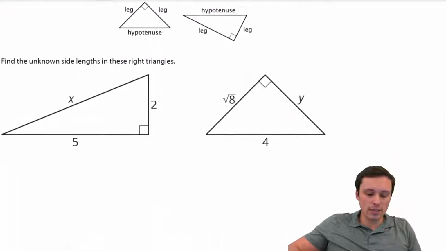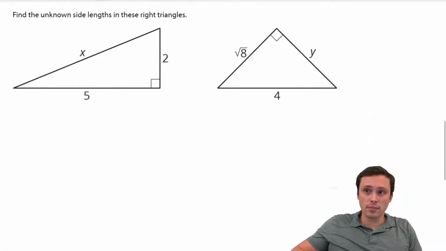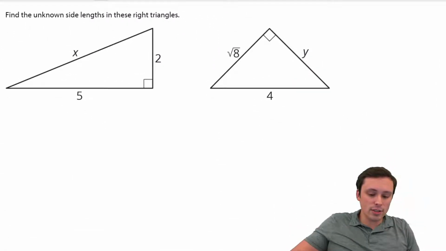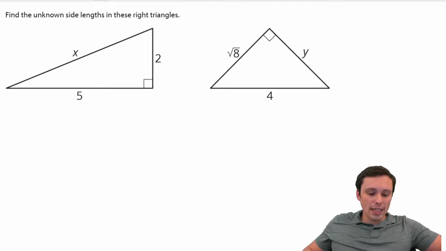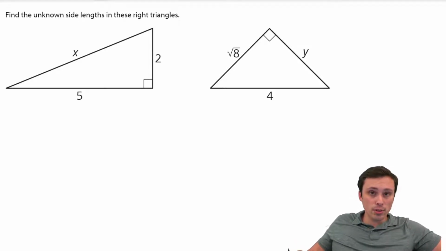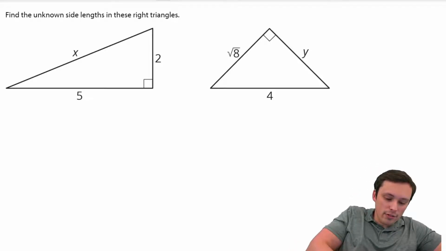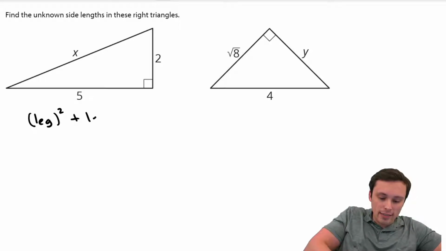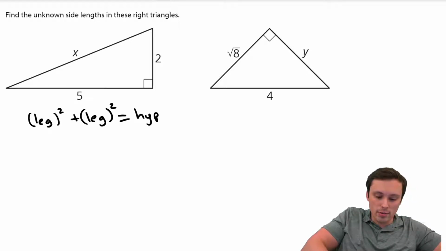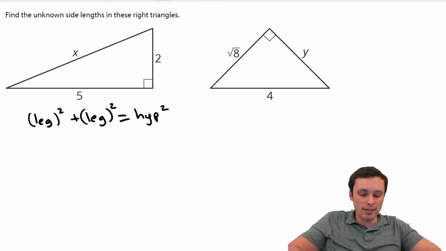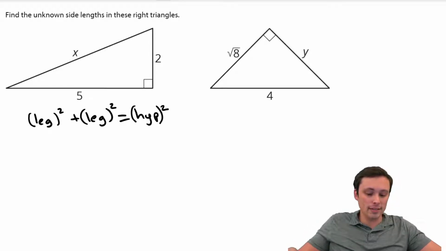Let's scroll down and do some examples. So in this, we got two examples here. We want to find the unknown side lengths in these right triangles. So the idea here is to align it to our formula. Remember, our formula is that the leg squared plus the leg squared is equal to the hypotenuse squared, although you're more likely to have learned this or memorized it as a squared plus b squared equals c squared.